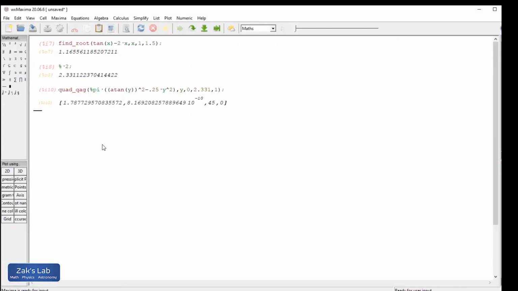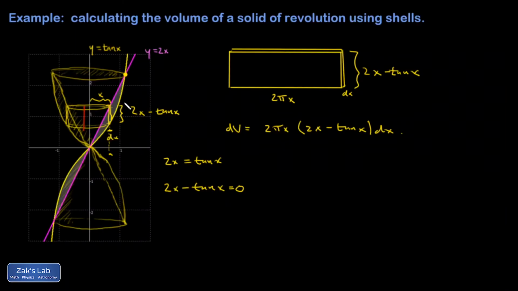So let's toggle the Maxima. I was actually just doing this for another problem, and it's in this top line of Maxima. I said find root tangent x minus 2x as x goes from 1 to 1.5. So the important thing there is to choose an interval where you know there's a root, and look at the graph.